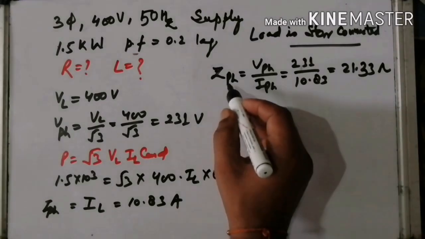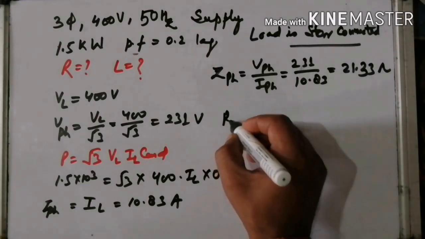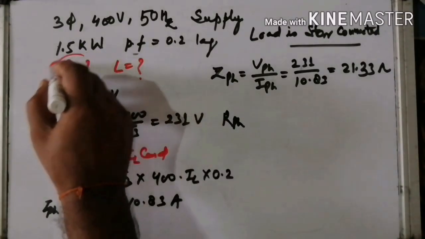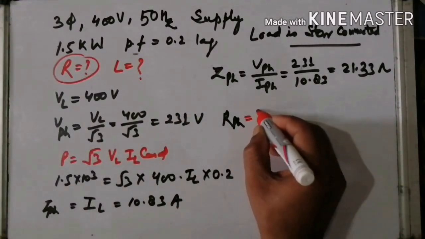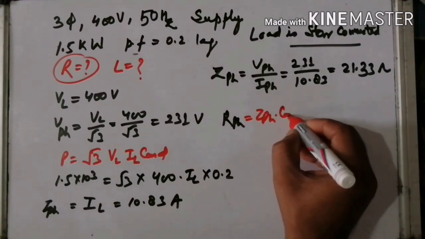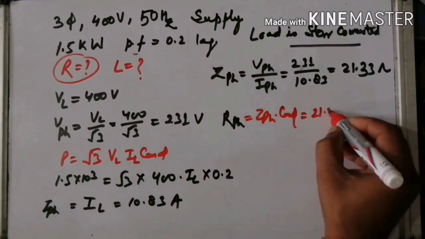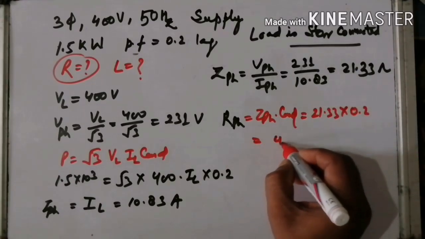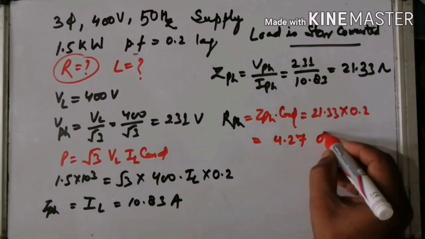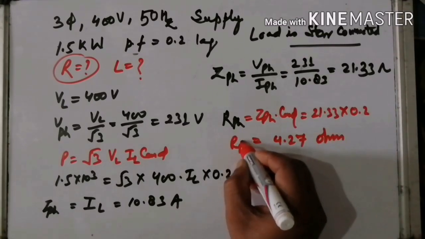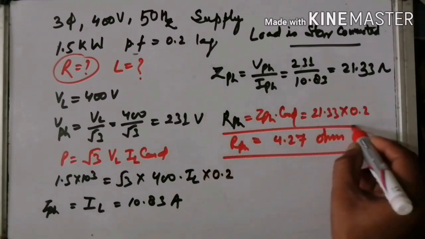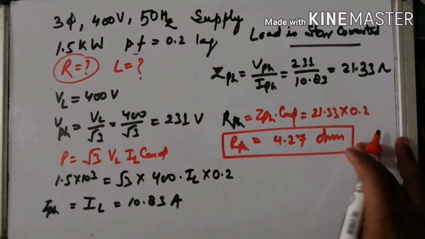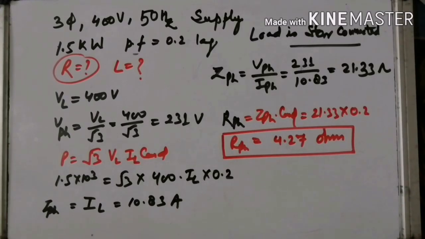And the resistive component of this ZPH is nothing but RPH, which is required over here. RPH is nothing but ZPH into cos phi, that is 21.33 into 0.2, it is 4.27 ohm. It is RPH. Right? The resistance part of the load.